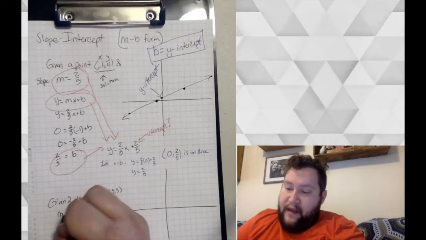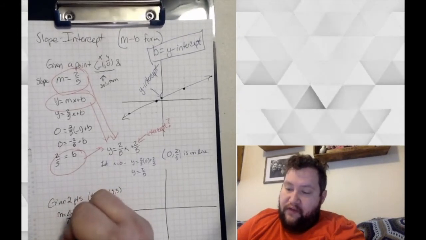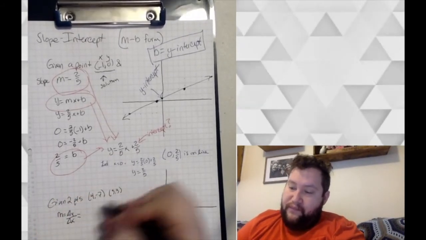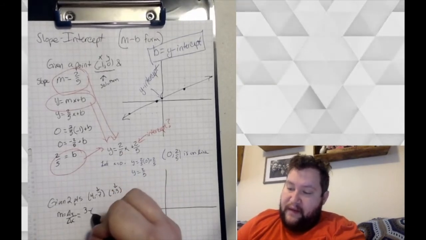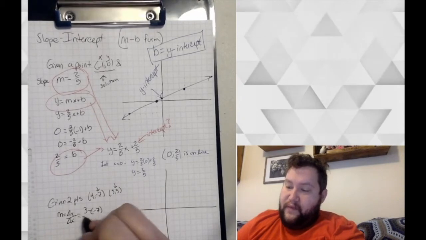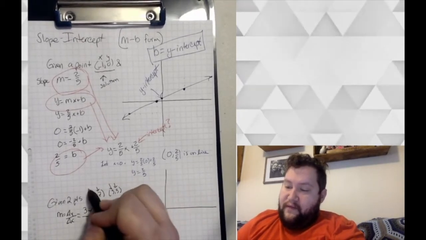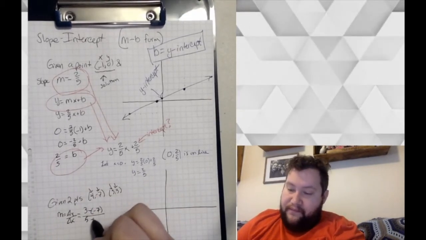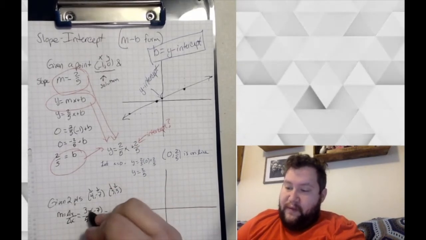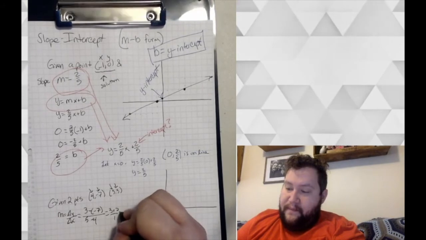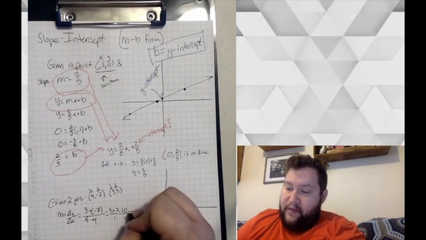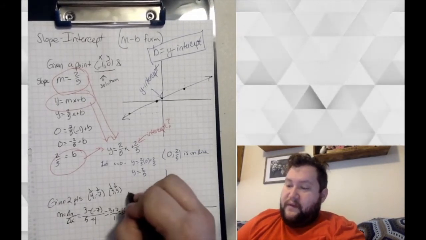So we have our m is change in y over change in x. We'll do 3 minus -7 over 5 minus 4. 3 minus a minus is a plus. 3 plus 7 over 1 is 10 over 1. So m is 10.